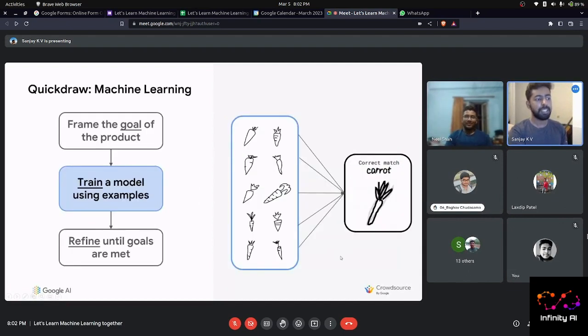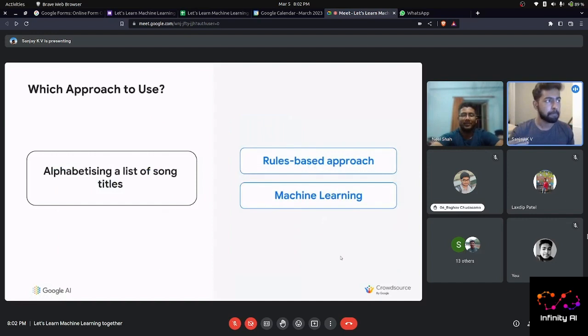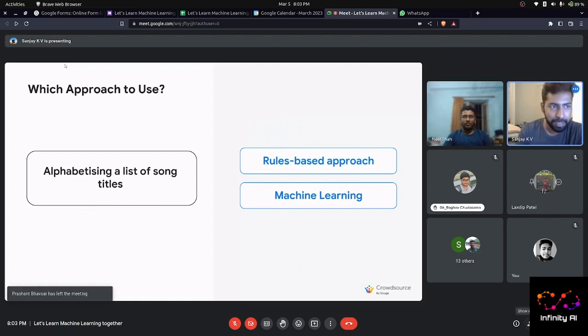Now let's have a look at some scenarios. What we are going to do is a game. We will look at some real-time scenarios, and you will guess whether it's a rule-based approach or machine learning.